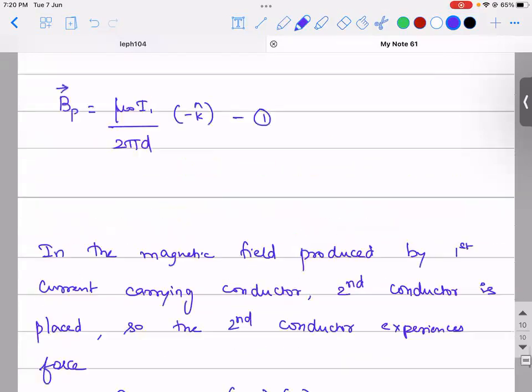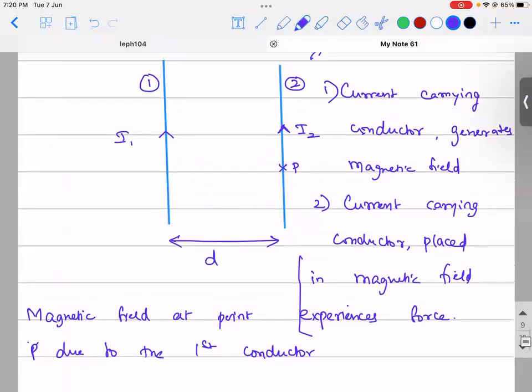Why? Current is in the y direction and the magnetic field is in the negative z direction.